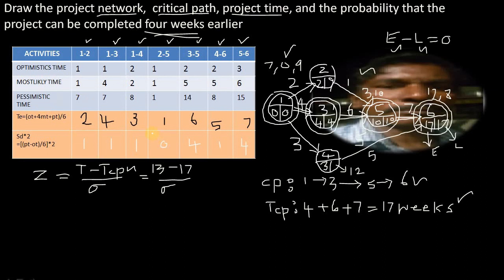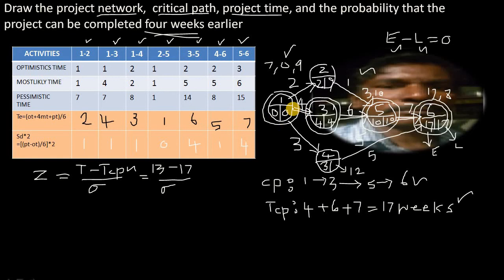Just before I told you that we have to give importance to the variance, the standard deviation square, for the activities in the critical path.